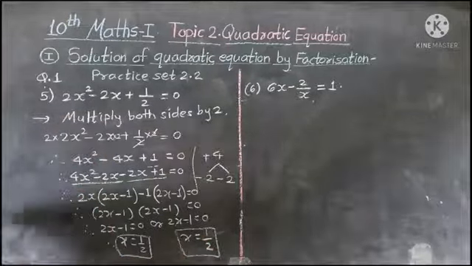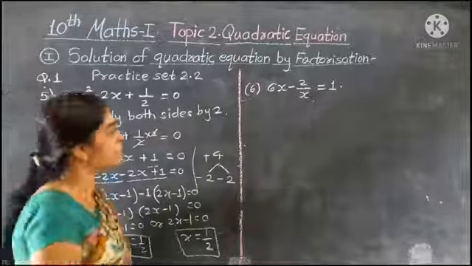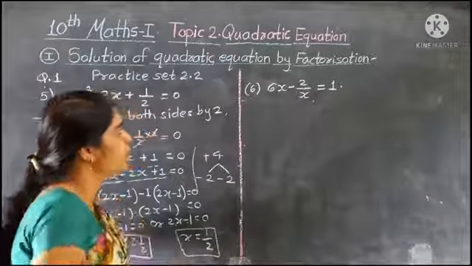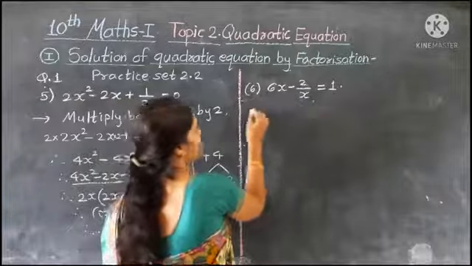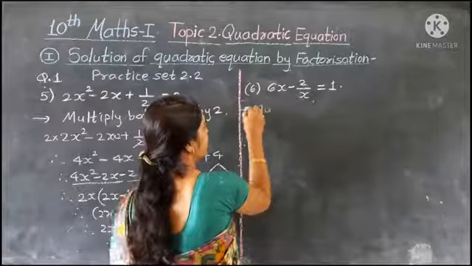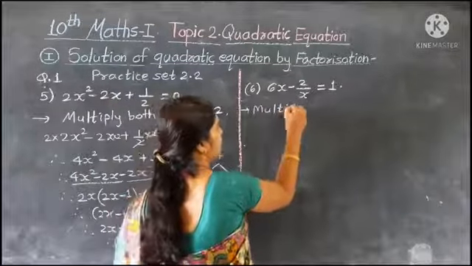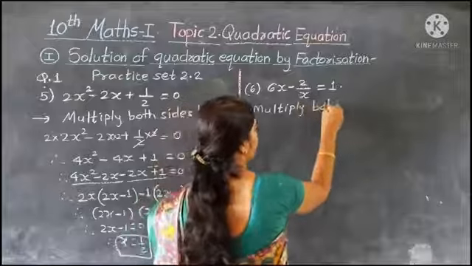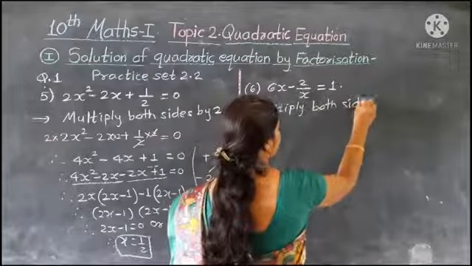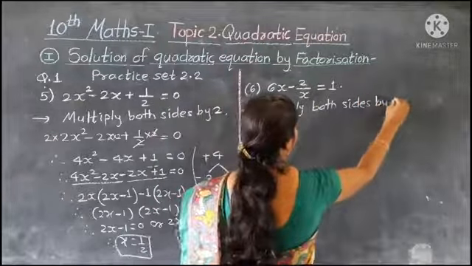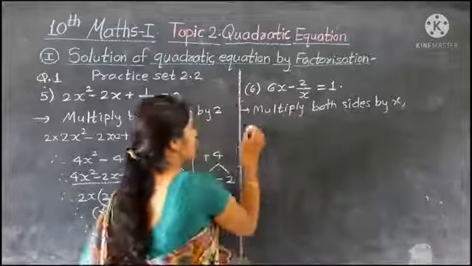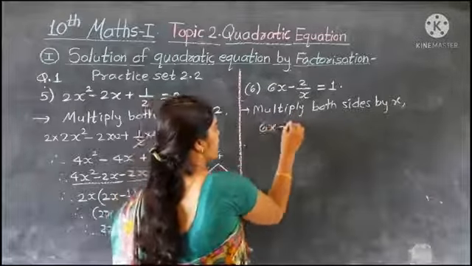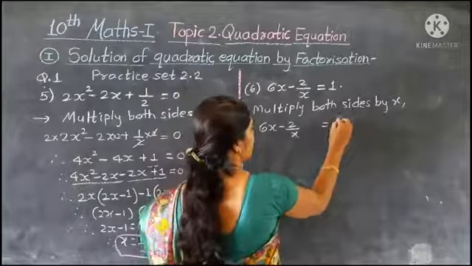Okay, understand? Similarly, 6(1)(c) in the sixth example, here the denominator is x, so you multiply both sides by x. So what happens? 6x minus 2 upon x is equal to 1.